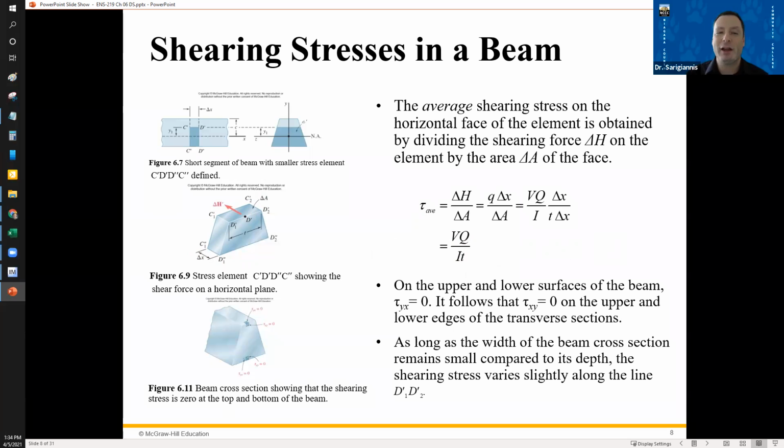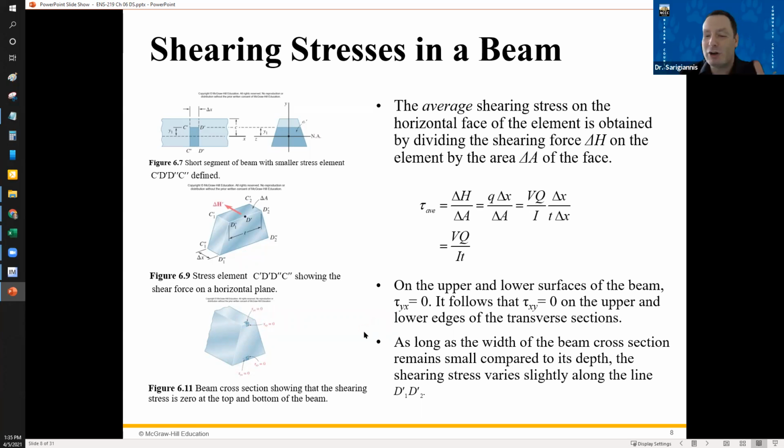The other thing to pay attention to is the top surface of a beam. When you put a beam under bending, your top and bottom surfaces, the surfaces furthest away from the neutral axis, see the highest normal stress, but they see zero shear stress, because they are the outside surfaces of that beam.